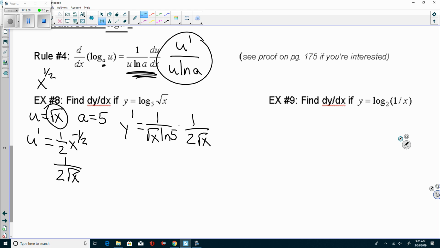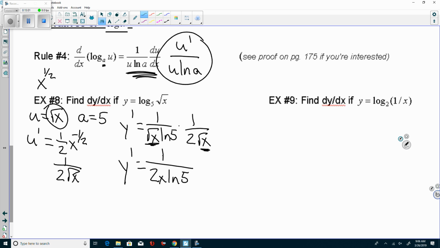Now you have to combine. Remember, the most difficult part of calculus is your algebra. The numerators stay the same. What happens to the square root of x times the square root of x? It just becomes x. So then you have 2x ln 5.